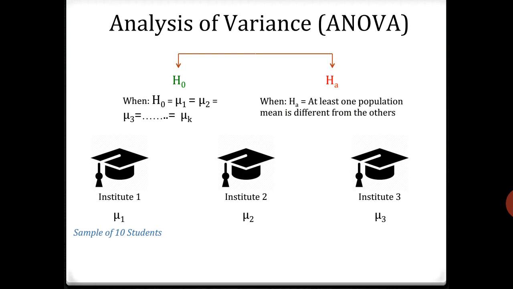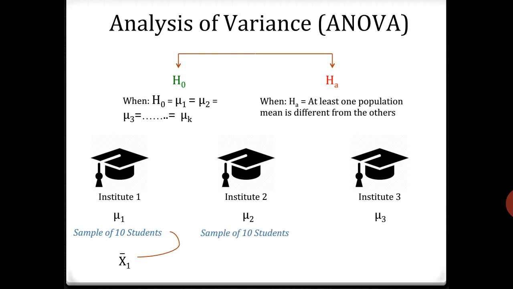Those 10 samples have some values, which are the marks obtained by the students. Similarly, from these 10 samples we will find the mean for the 10 students. Let's call it x1 bar. So x1 bar shows the mean of the sample from Institute 1.